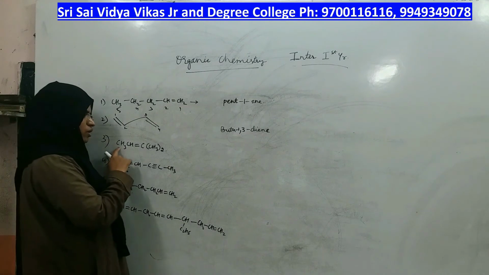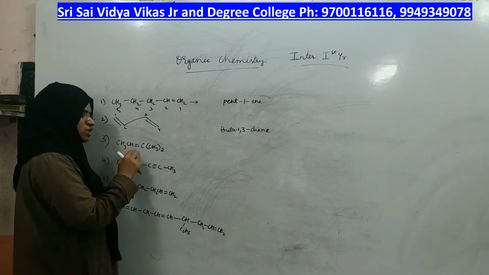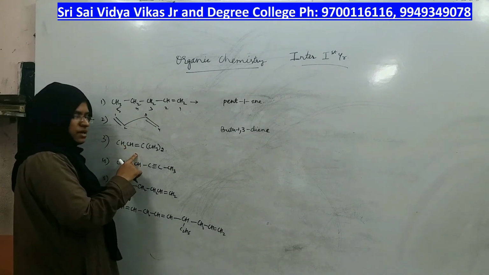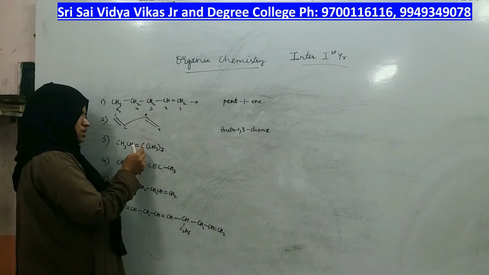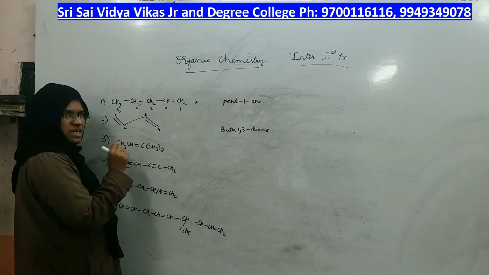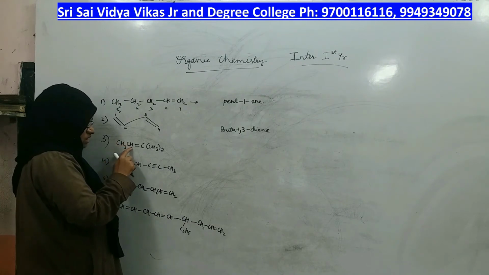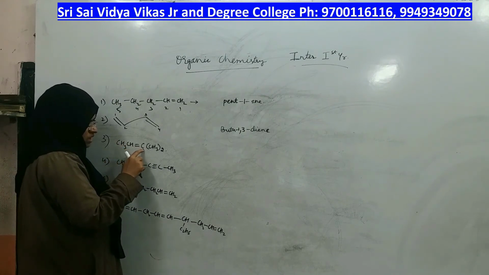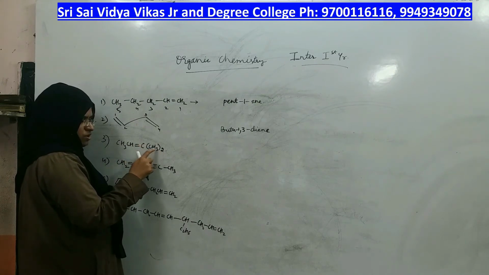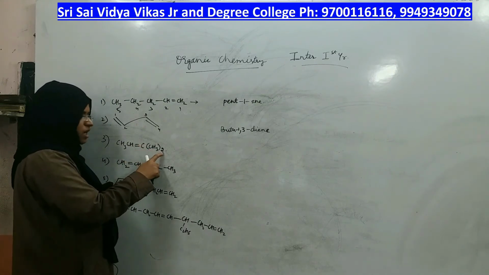In this compound also, they have not shown the structure expanded in the form of carbons. They have shown a condensed structure, which means CH3, bond, CH, double bond, C, and on this carbon there are 2 methyl groups, because the methyl group is written 2 times.